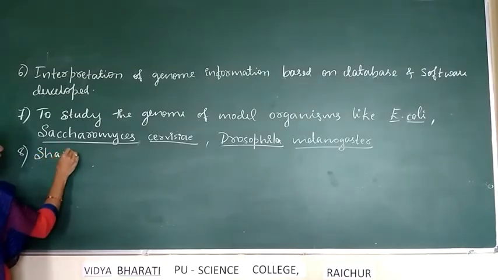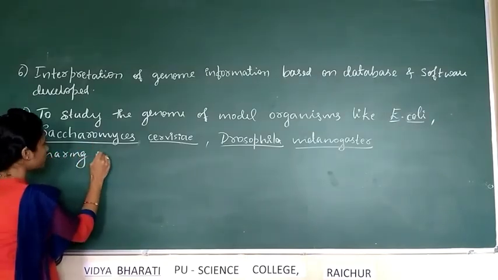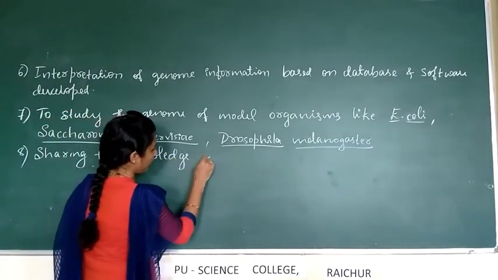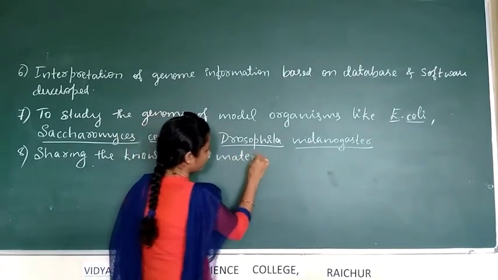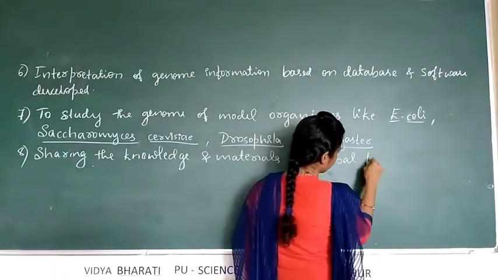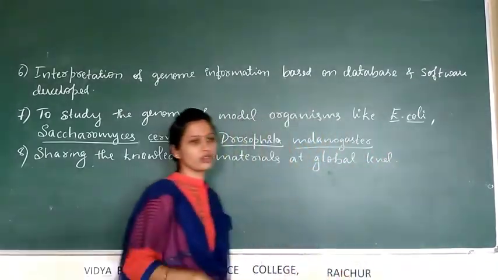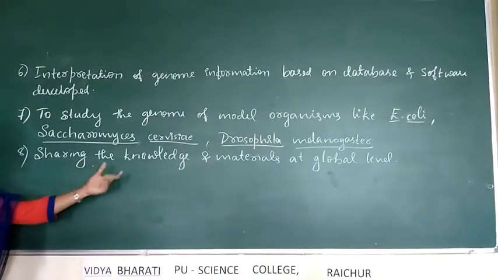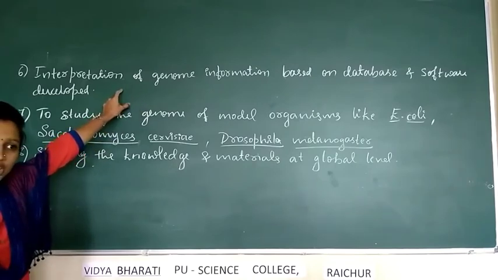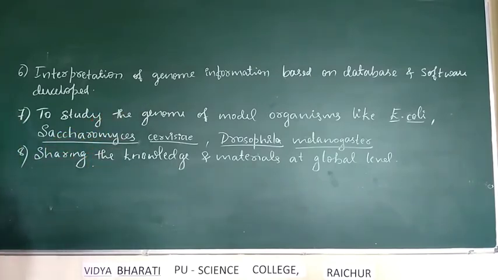Sharing the knowledge, materials or information obtained by this project at the global level. Worldwide, this information should be available. This is also one of the goals of the Human Genome Project.